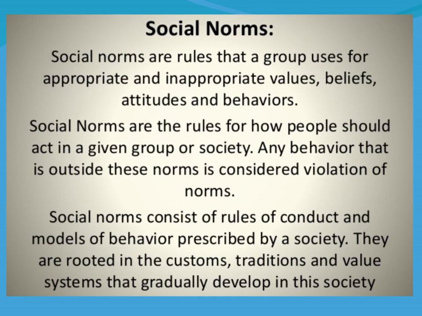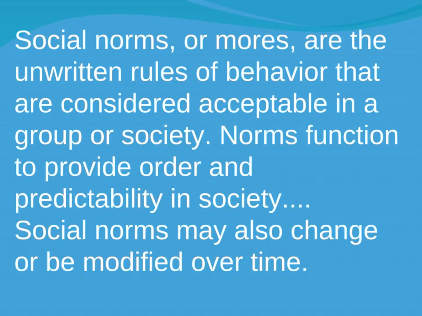They are rooted in the customs, traditions, and value systems that gradually develop in society. Social norms or mores are the unwritten rules of behavior that are considered acceptable in a group or society. Norms function to provide order and predictability in society. Social norms may also change or be modified over time.